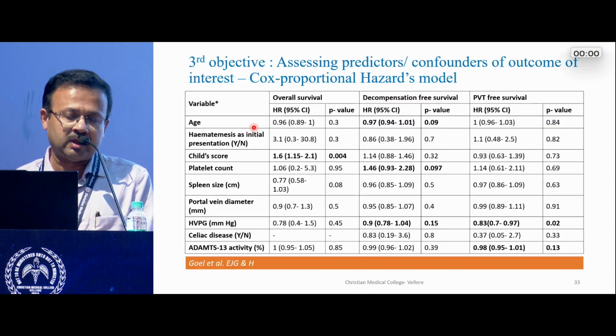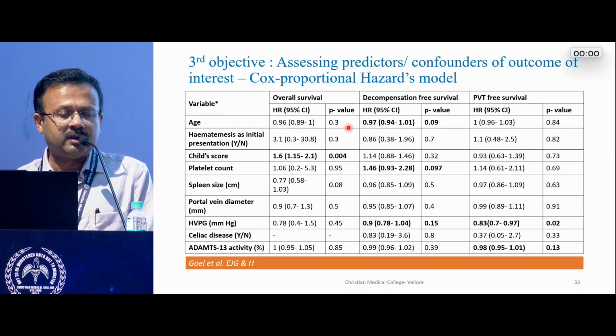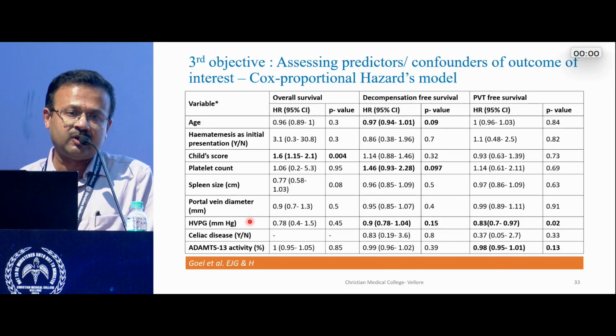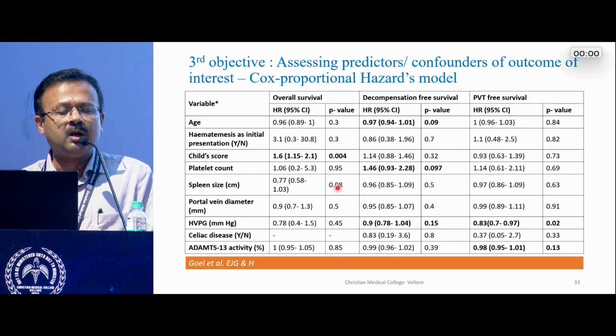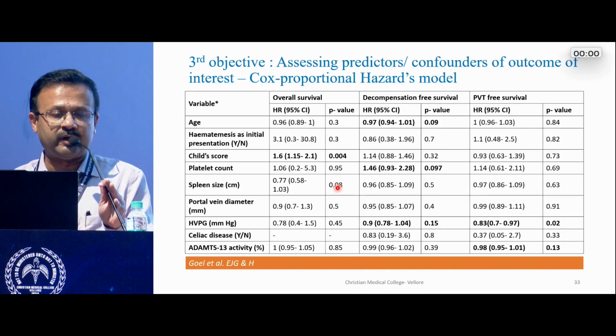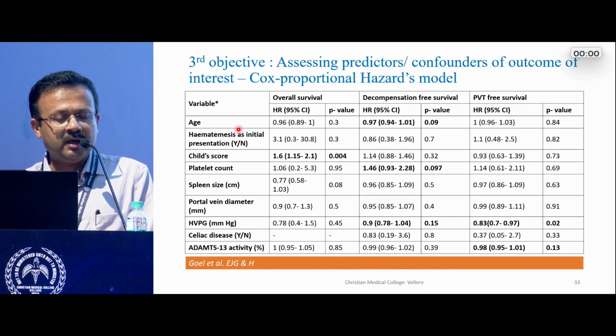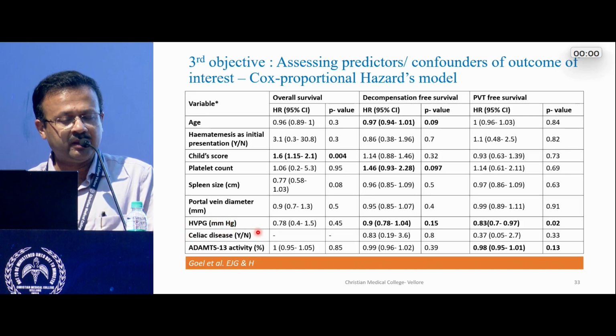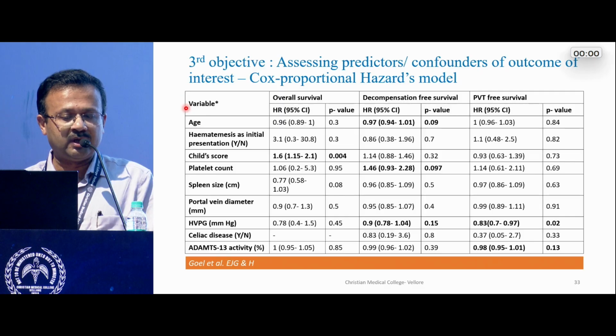But you can look at various parameters. I have done only univariate analysis because my event size was very small, but you can do a multivariate analysis provided you have enough events. You can look at even continuous variables like the hepatic venous pressure gradient, and definitely categorical variables, say hematemesis yes or no, as in the Kaplan-Meier curve.